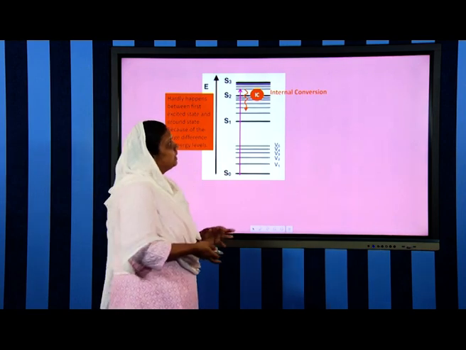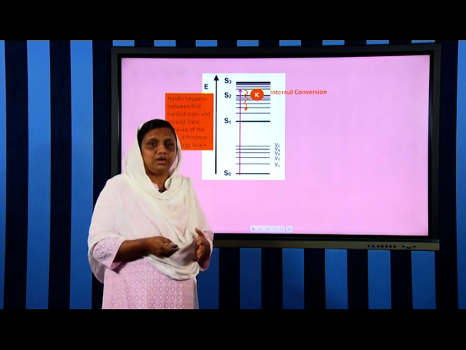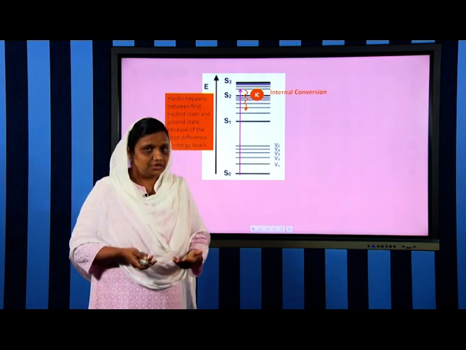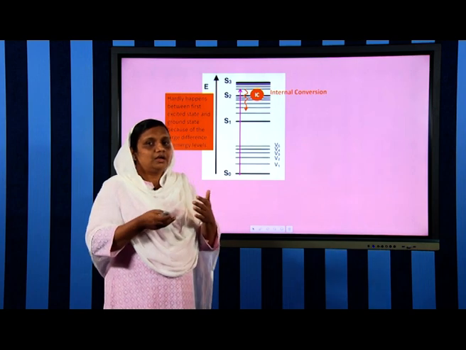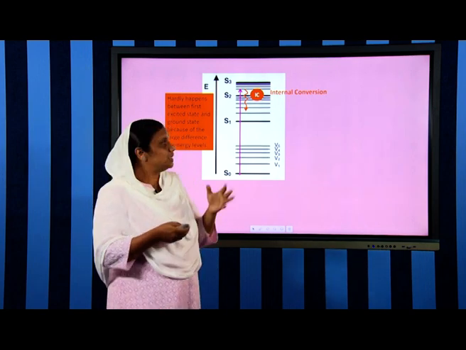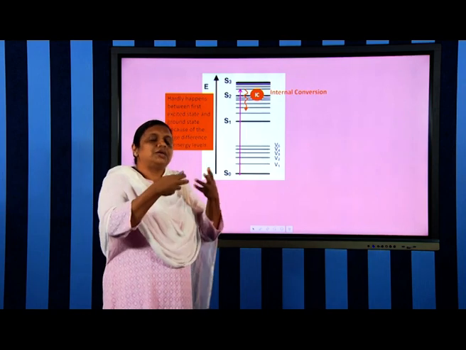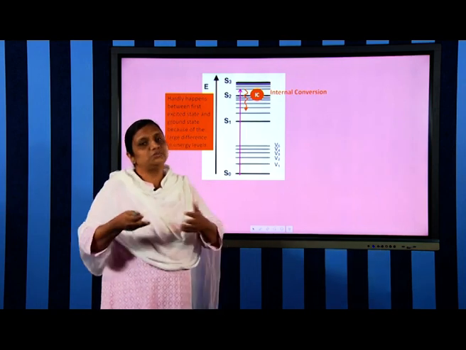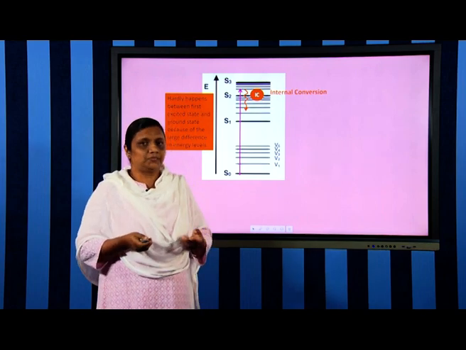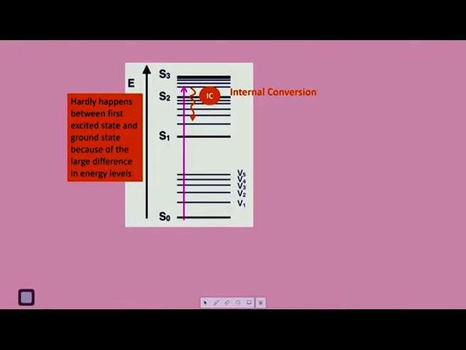Internal conversion does not involve emission of radiation, and the energy dissipation happens by transfer of energy from the excited molecule to other molecules around it via collision. So, this is a non-radiative transition.